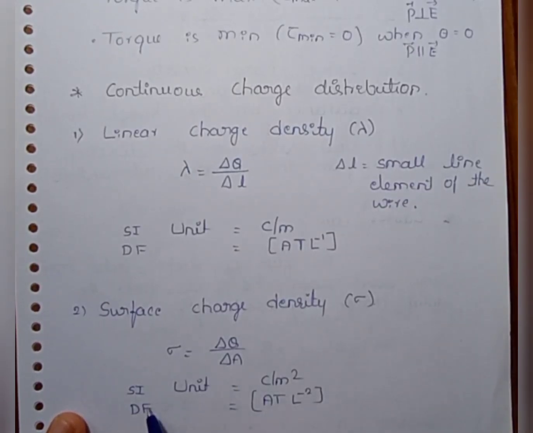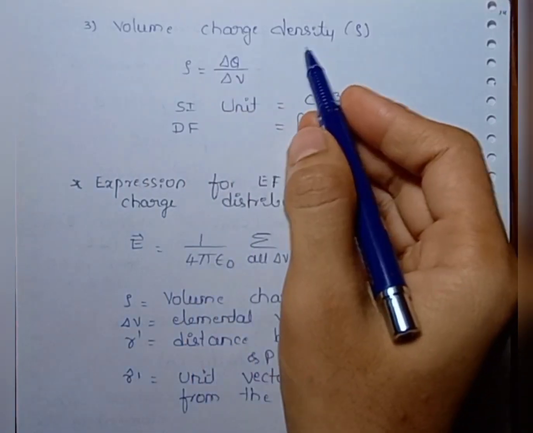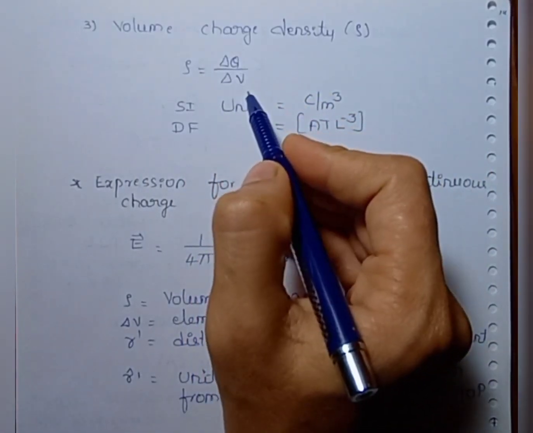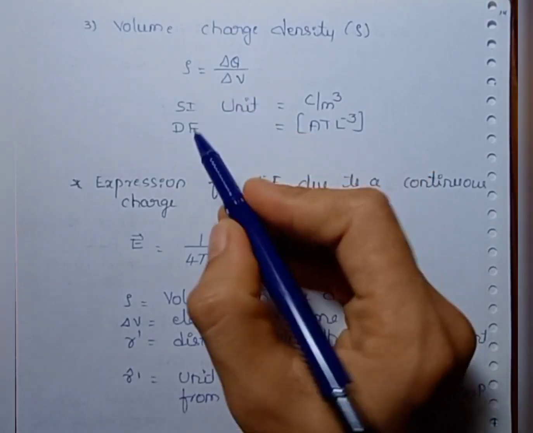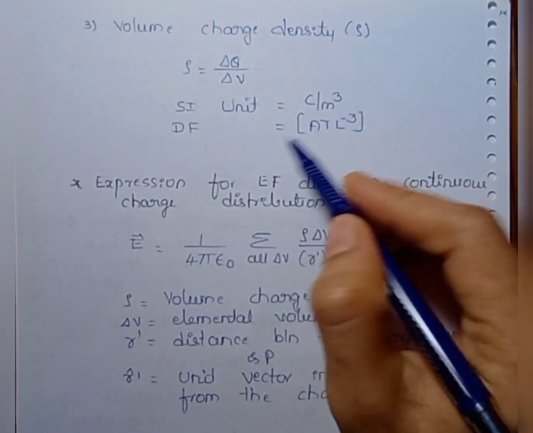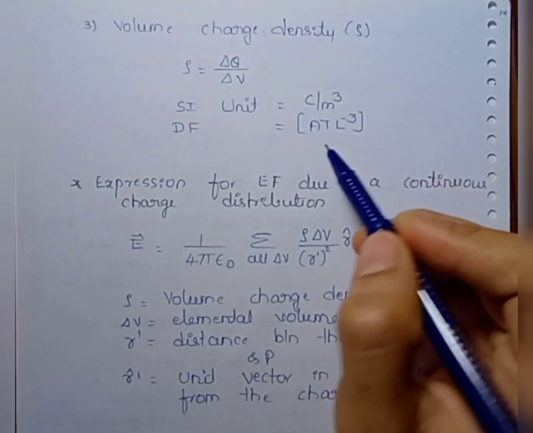SI unit of surface charge density is coulomb per meter square, and the dimensional formula is ATL minus 2. Third one, it is volume charge density, that is rho. It is equal to delta Q divided by delta V. SI unit of volume charge density is coulomb per meter cube, and the dimensional formula is ATL minus 3.